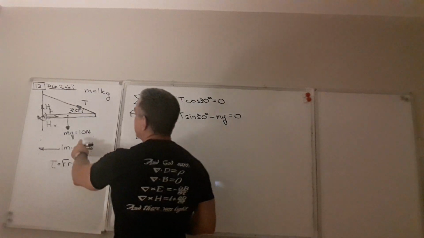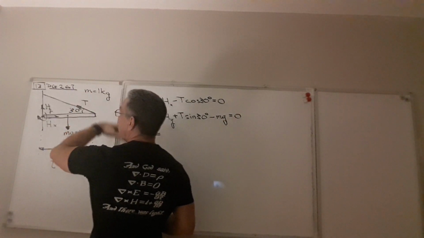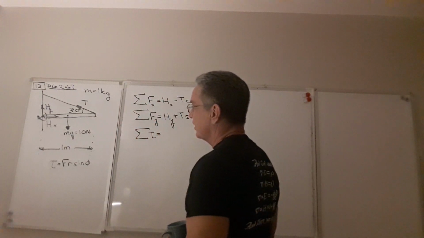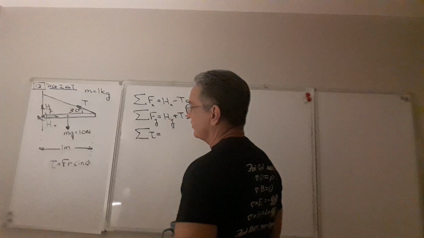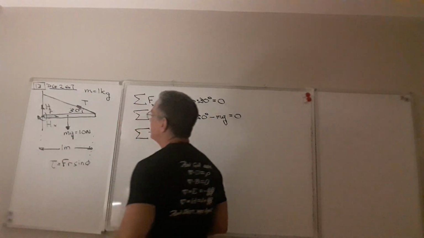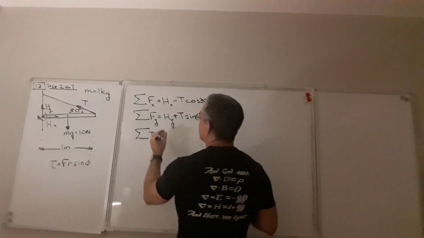Now, the weight of the beam is trying to make the whole beam rotate in the clockwise sense about the hinge, right? So the weight of the beam is 10 newtons, and it's acting half of the length out from the center of rotation, so half of a meter.